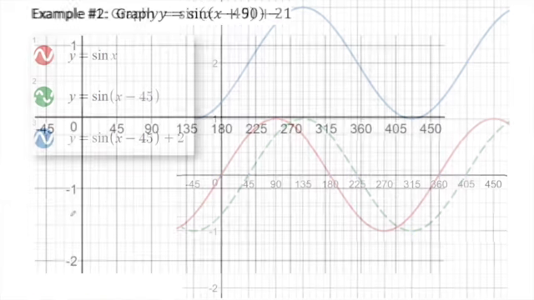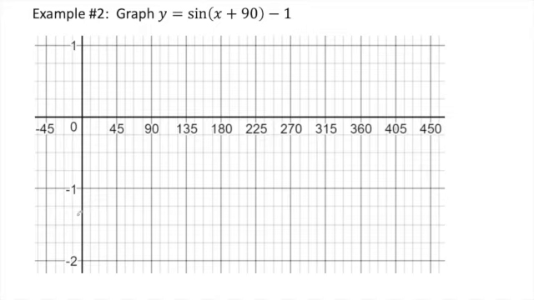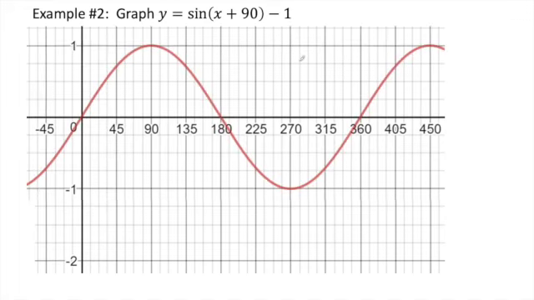Just a couple more examples here, lots and lots of examples. So our table of values here, let's put our first graph up there, okay? So we're going to move our graph to the left 90, and we're going to move it down 1, okay?